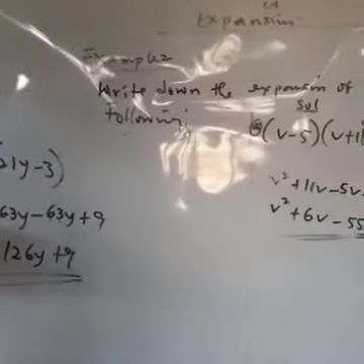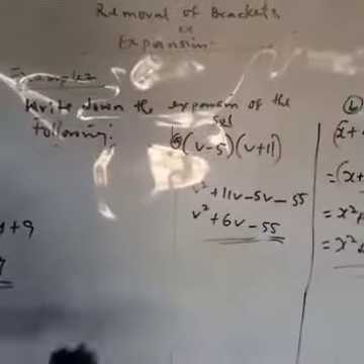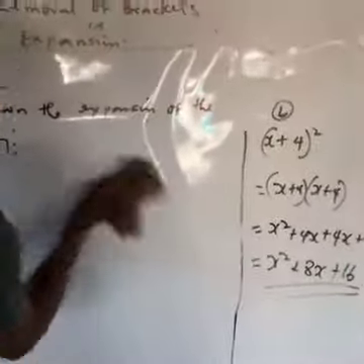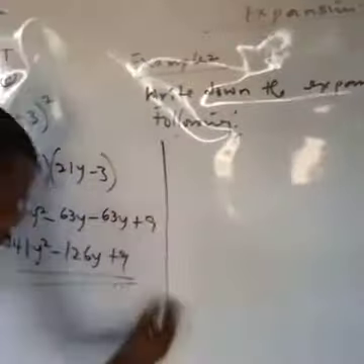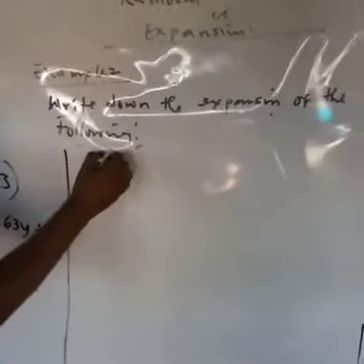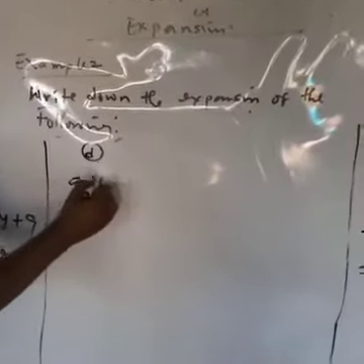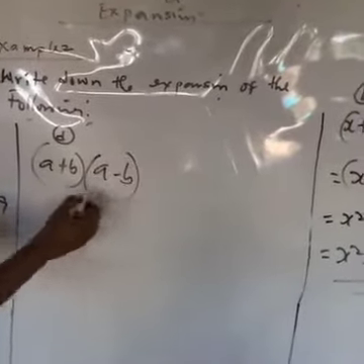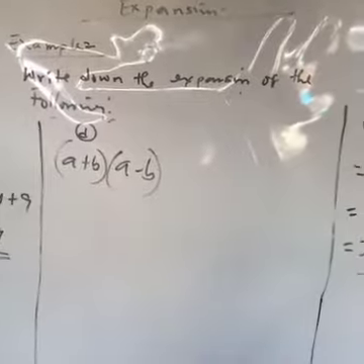Let's solve the last question on that example. The question says we have a question D: (a plus b) in bracket of (a minus b).